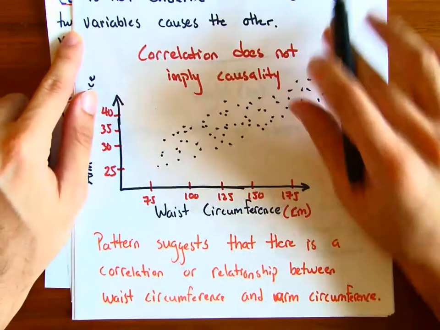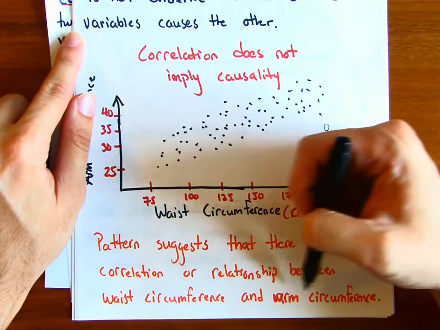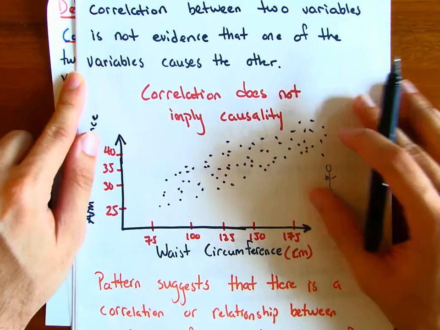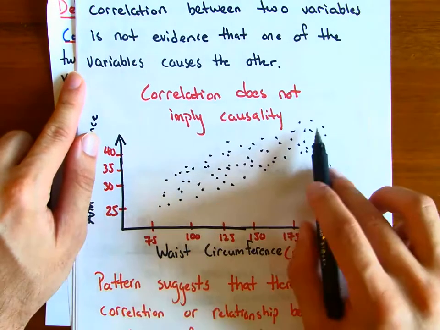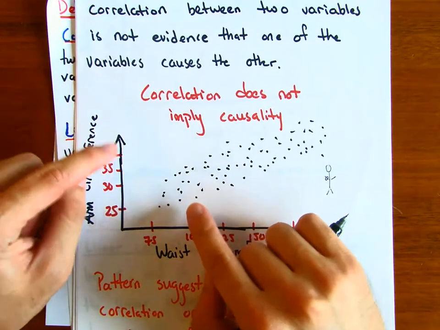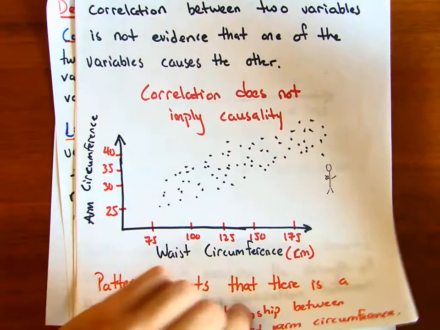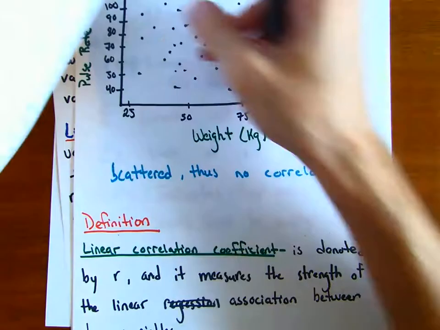And here, this is what it's stating, that the pattern suggests that there is a correlation or relationship between the waist circumference and arm circumference. Notice how we have some sort of positive correlation where the x and y data values create some sort of linear pattern. All right, let's continue on and we'll do more examples of this.